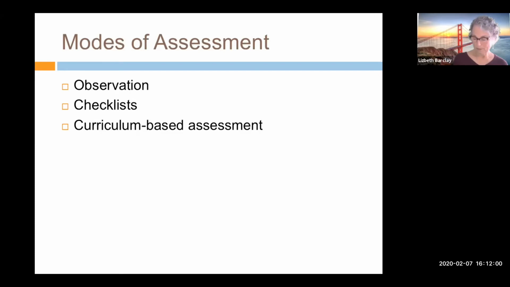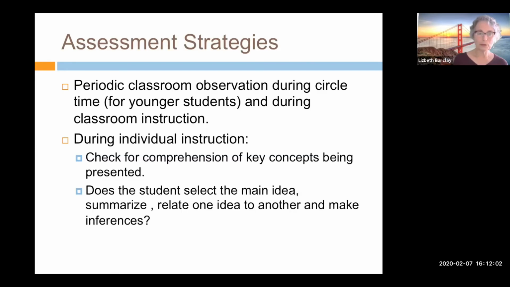These are the modes, and this is what we're doing. We're using periodic classroom observation, especially during circle time for younger students, and for older students during classroom instruction. During individual instruction, when we're working one-on-one with students, we want to be constantly checking for comprehension of key concepts that are being presented.